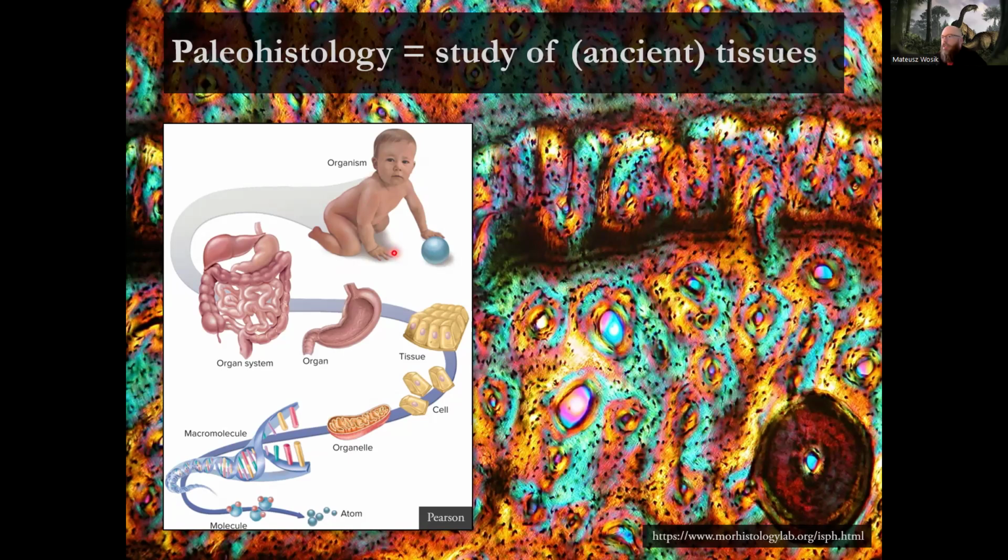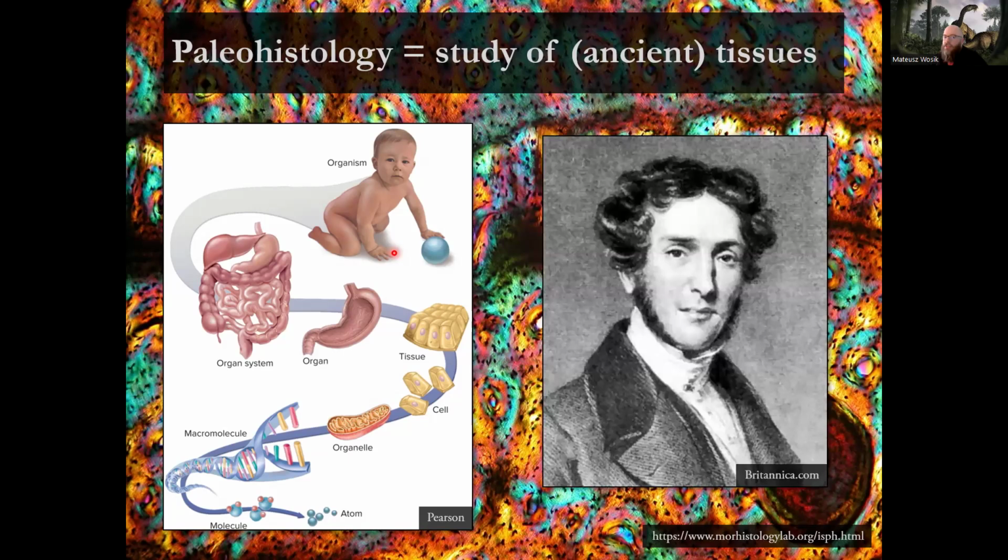And so some of the first studies on this were done by this dapper fella here, Gideon Mantell, around the mid 1800s, who described the first histological section of vertebrates.